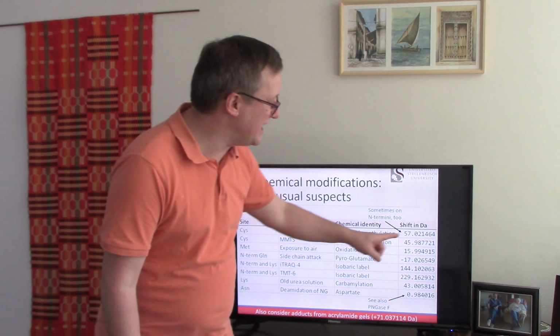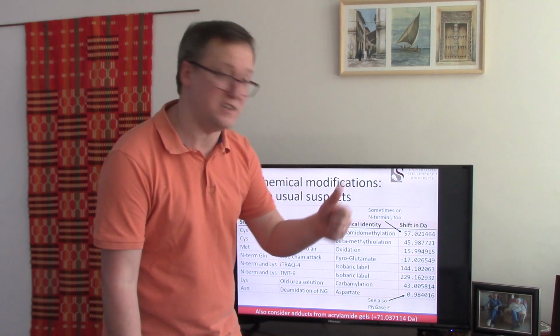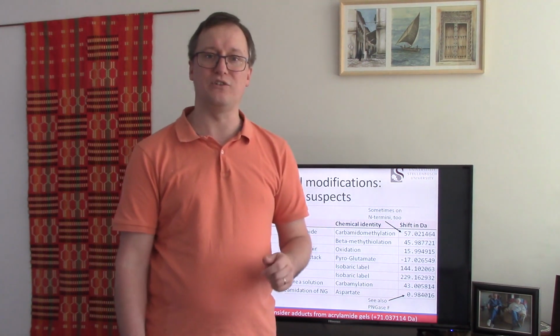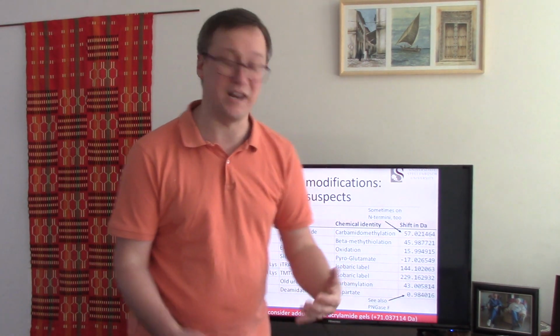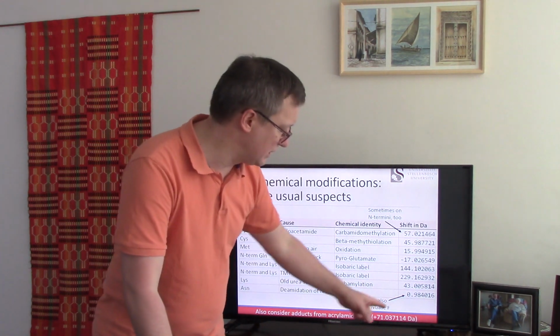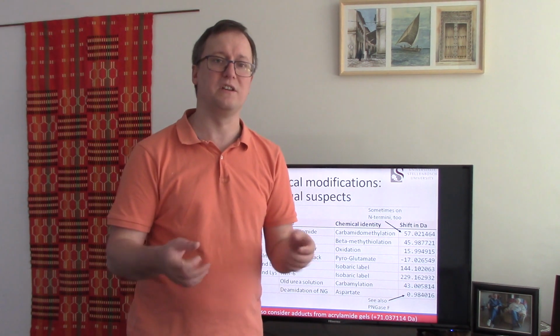And in a case like that, instead of just getting carbamidomethylation of the side chains of cysteine, you also can get a modification on the N-terminus of the peptide. Obviously, that's problematic.